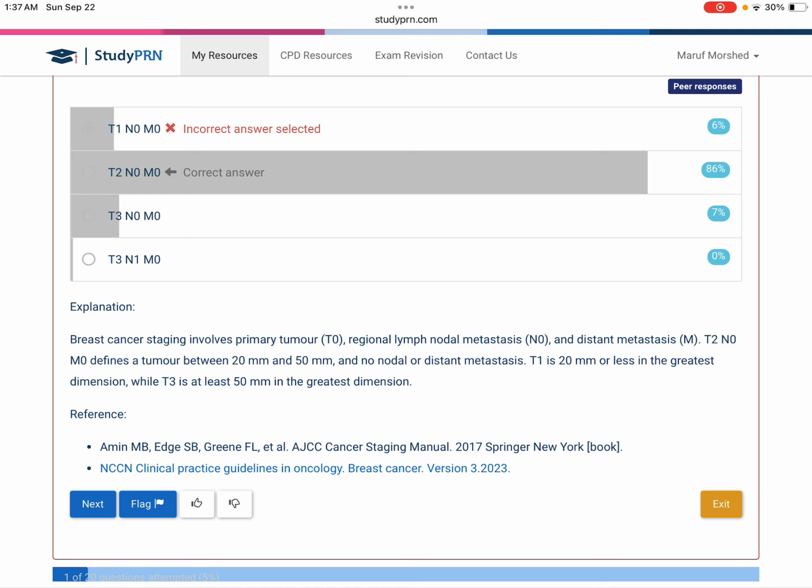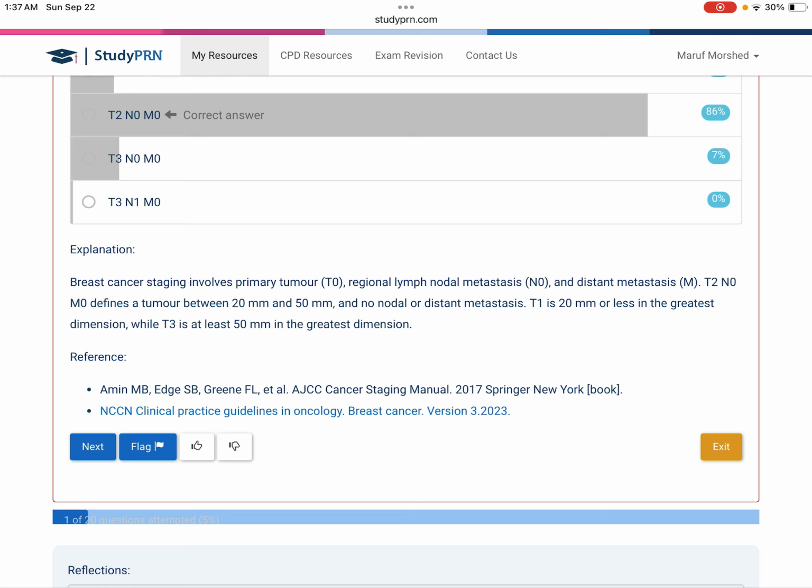Below 20 millimeter it is T1, and up to 50 millimeter is T2. The most interesting part is that it gives the reference: the AJCC Cancer Staging Manual, and also the NCCN clinical practice guidelines.